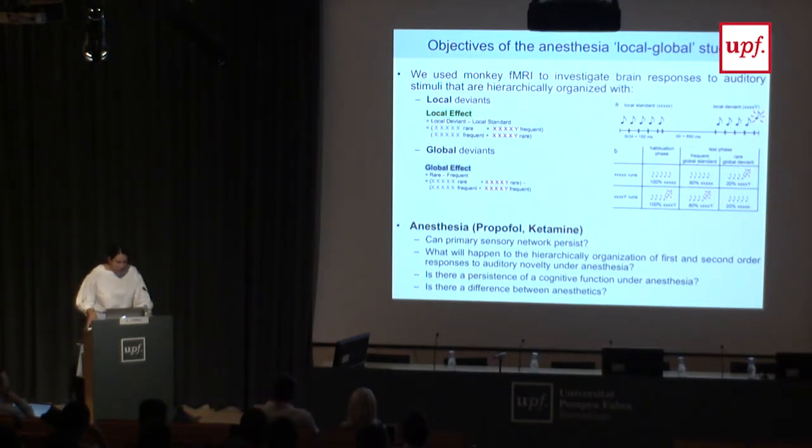Why? Because at the beginning we took these two different drugs because propofol enhances the GABA receptors in the brain. At least it's not a pure drug, because it's impossible to have clinical drugs acting only on one receptor. And ketamine blocks the NMDA receptors. And the idea, at least in the theory of the global neuronal workspace, is that the feedback is based on NMDA receptors.